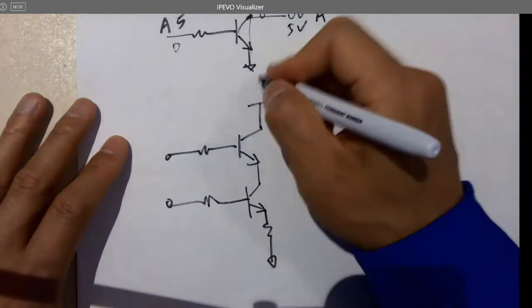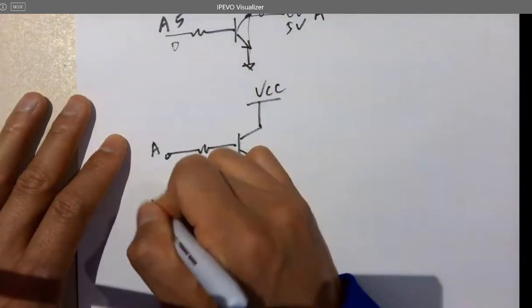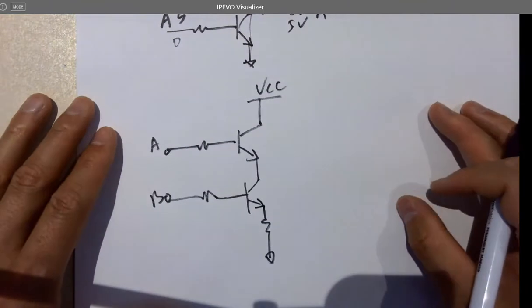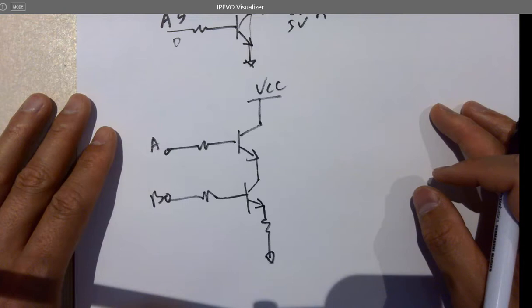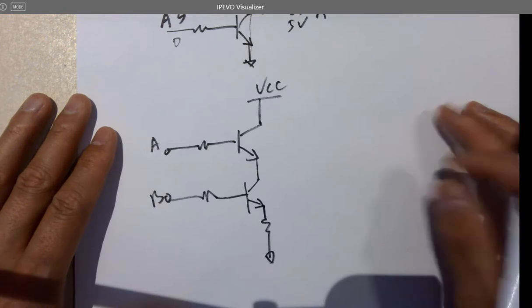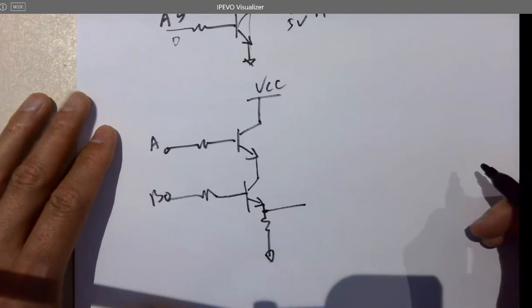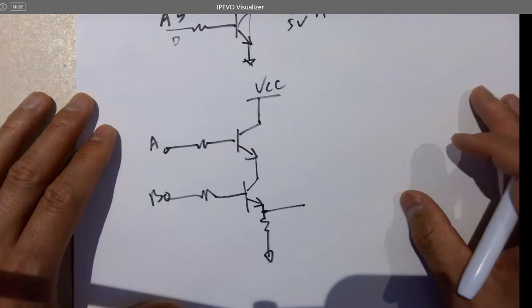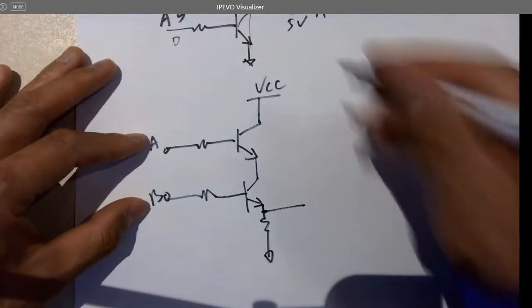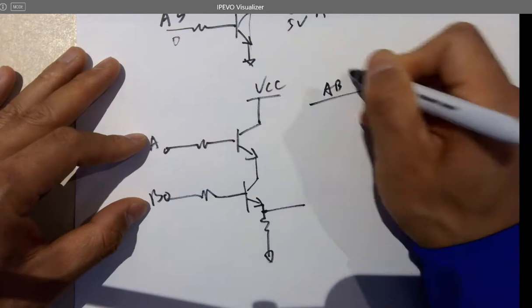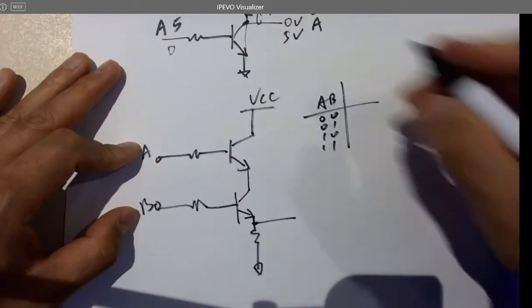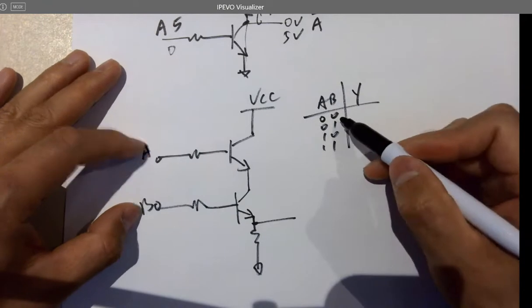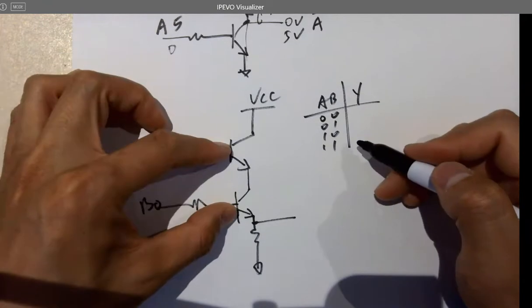So what about this? Where is the output? What's the logic? Zero, zero, both are off.